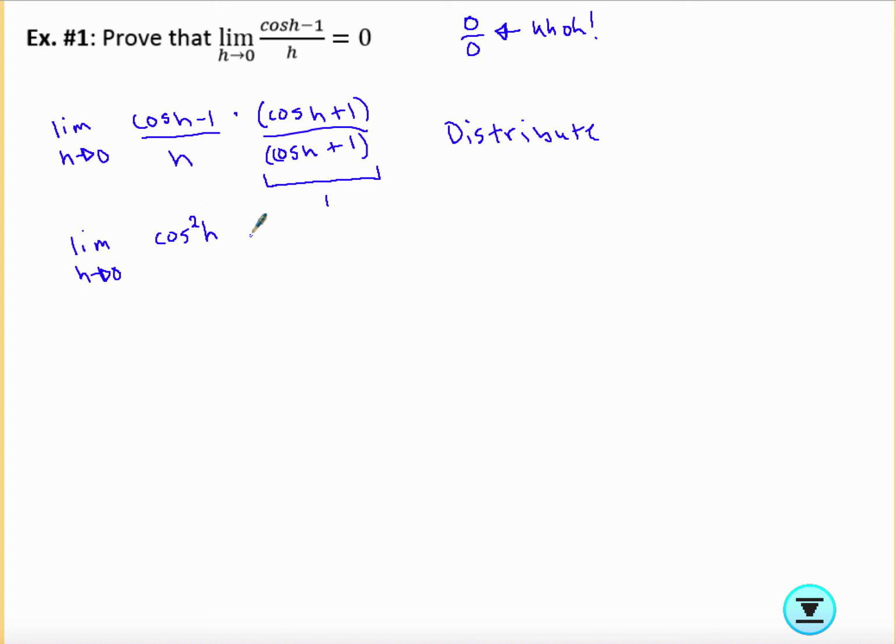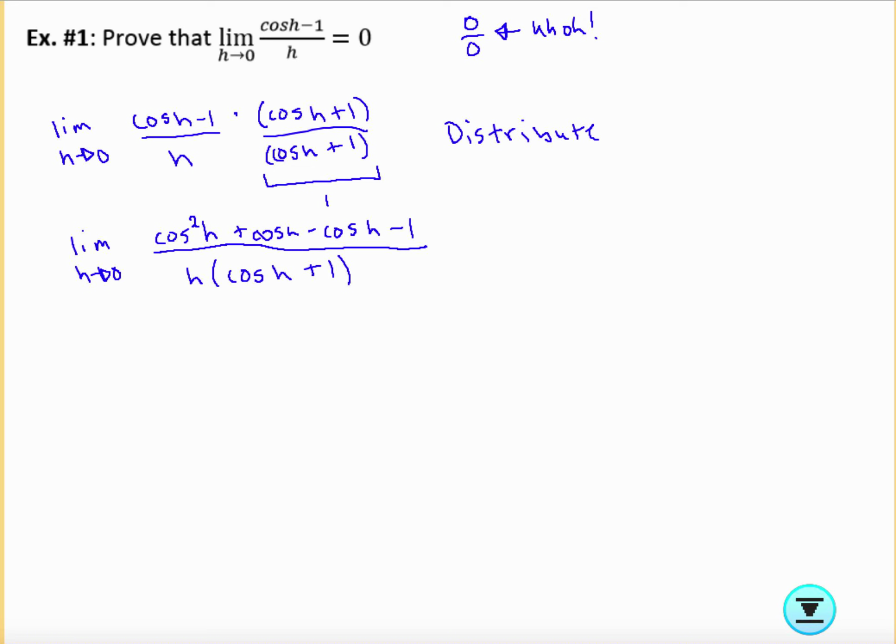Cosine of h times 1 is cosine of h. Negative 1 times the cosine of h is a negative cosine of h. That's nice. These will cancel out and make a 0. And negative 1 times positive 1 is negative 1. And this is all divided by h times the cosine of h plus 1.